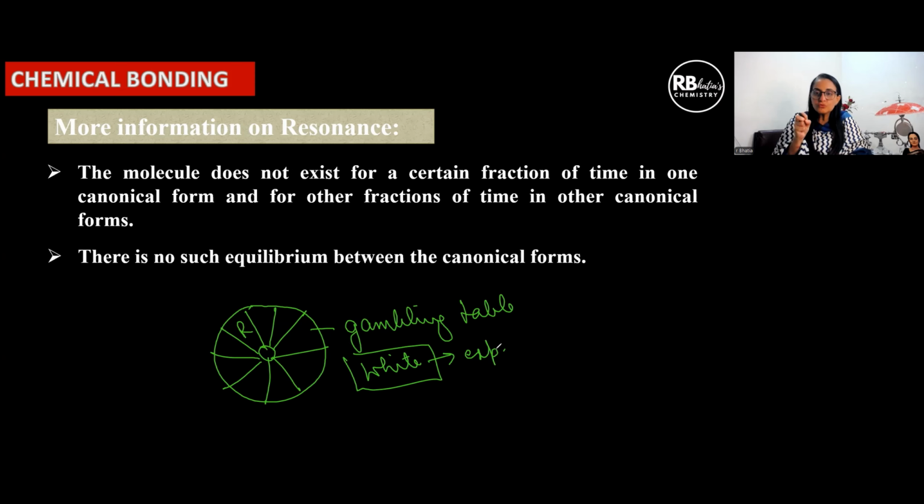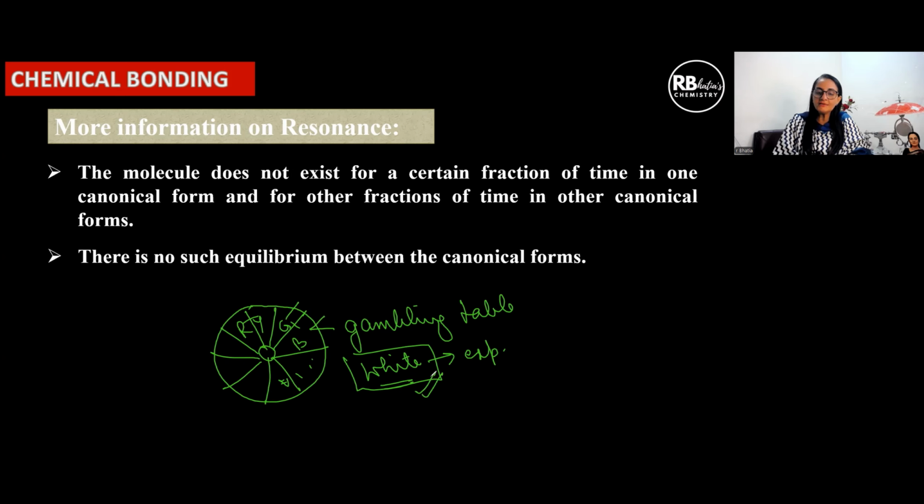But can you store that whiteness? No, because the moment this table becomes static, you start observing each of the individual colors, right? So actually this whiteness is made up of all these different colors. So what are these different colors? These different colors can be considered as the resonating structures.